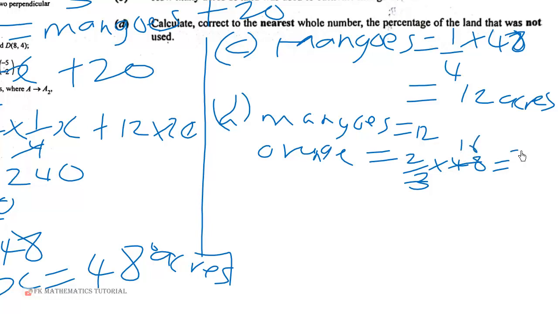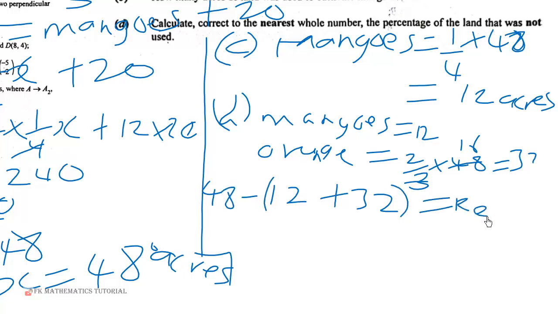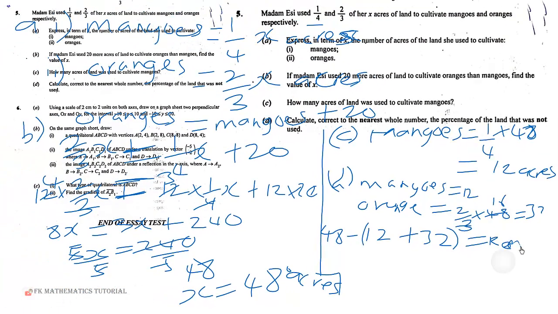So 2 times 16 is 32. So 12 plus 32. So the remaining acres will be 48 minus this, which is 48 minus 44, which is 4.